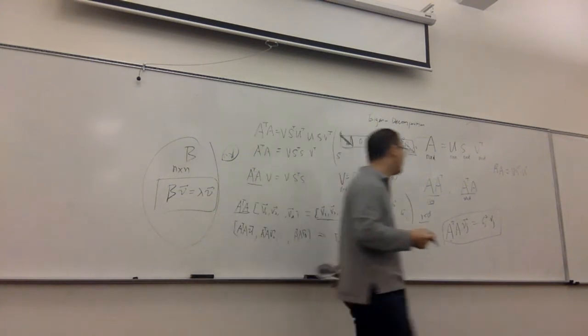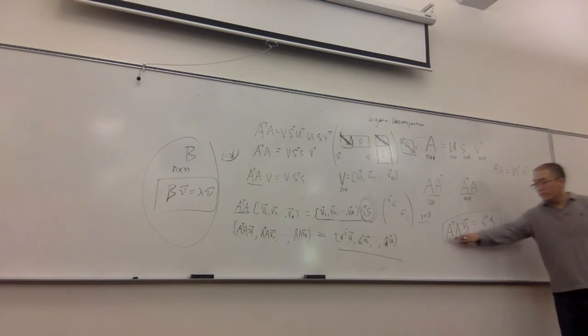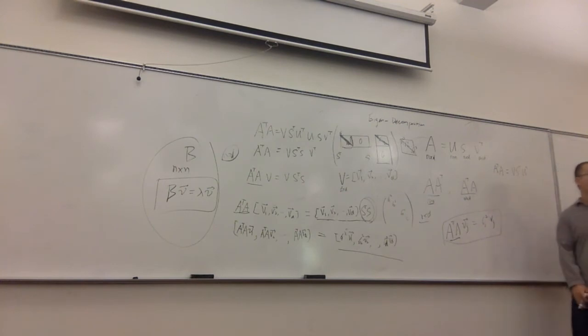Here, for each right singular vector Vj and the corresponding square of the singular value, this equation holds. That means Vj and sigma j squared are a pair of eigenvector and eigenvalue for A transpose A.